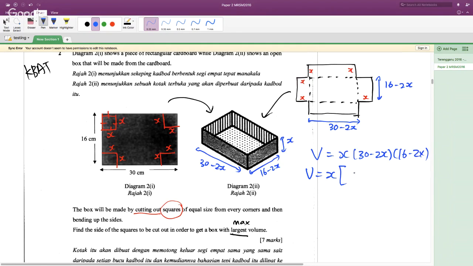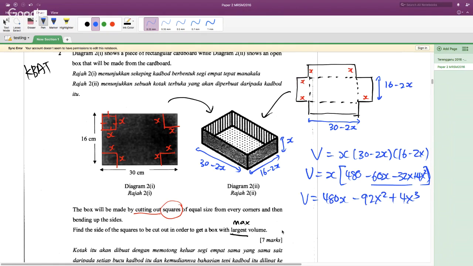I will expand here first, so I have 480 minus 60x minus 32x, plus 4x squared. Then what I will do next is expand it. So it's 480x minus 92x squared, because multiplying by x, plus 4x cubed.